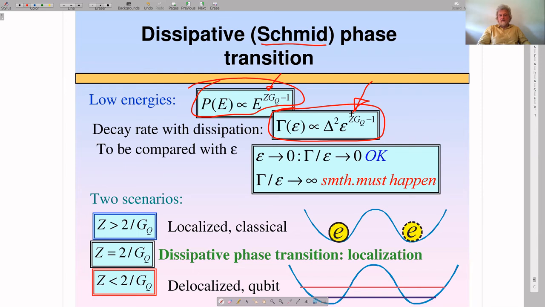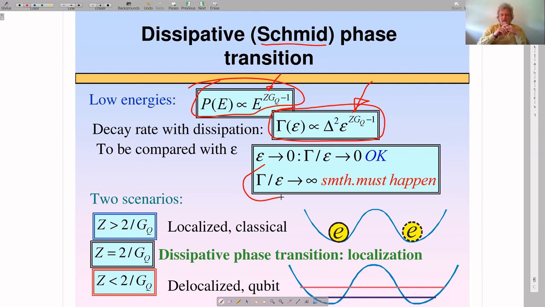And in the opposite limit, at low energies, the width of the level will become comparable with the distance to the level. And yeah, it is not what we expect. There will be no level.